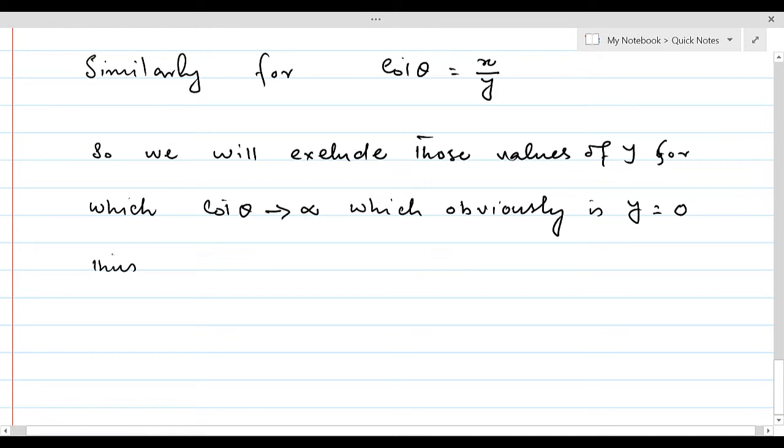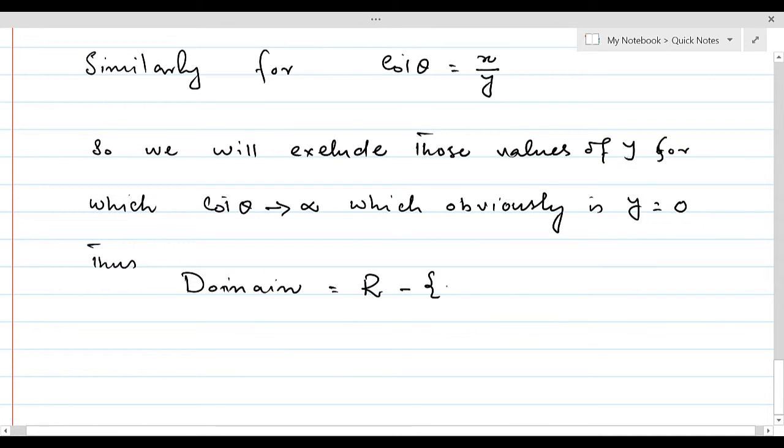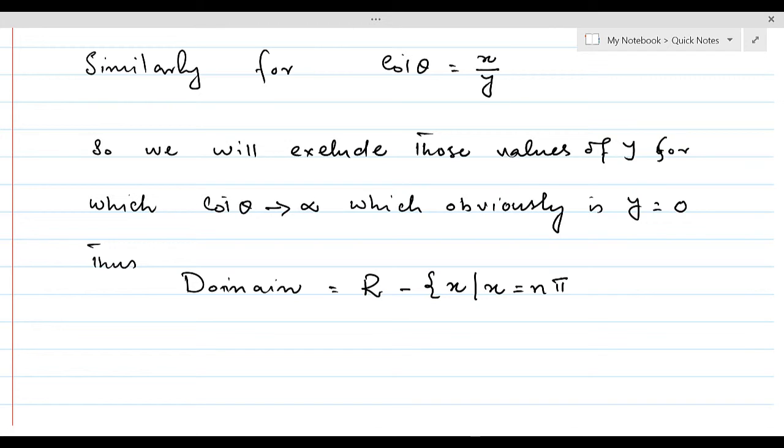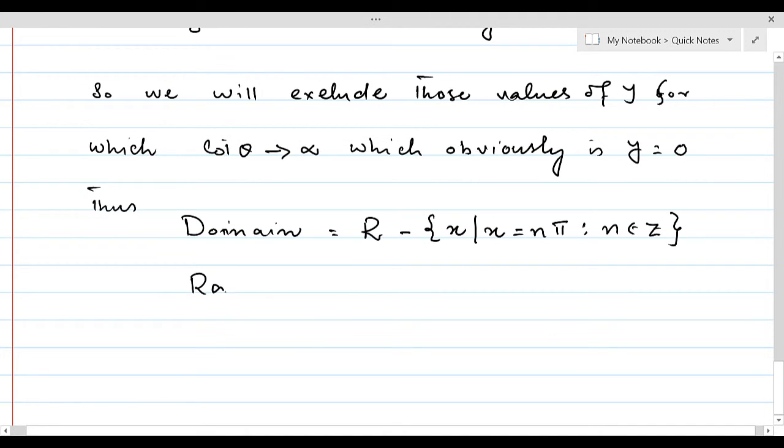Thus, the domain will be equal to R minus x, for which x is equal to n pi, because y will be equal to 0 for multiples of pi, where n belongs to Z. So this is what we are going to take out from the domain for cotangent theta, and the range, as usual, of cotangent theta will be equal to minus infinity to plus infinity.